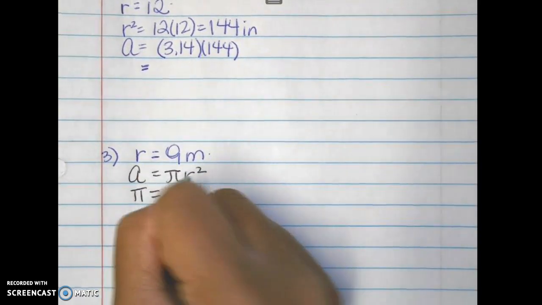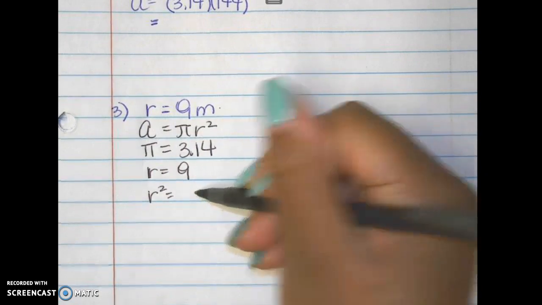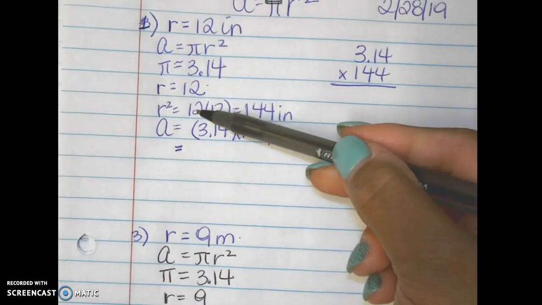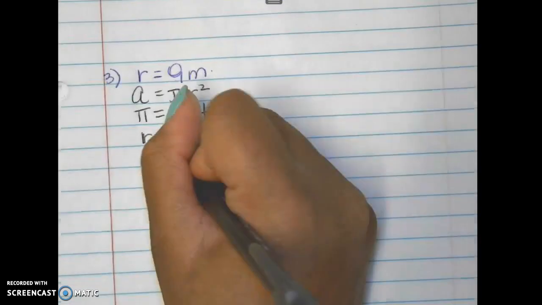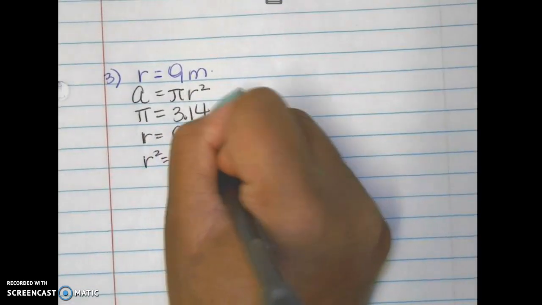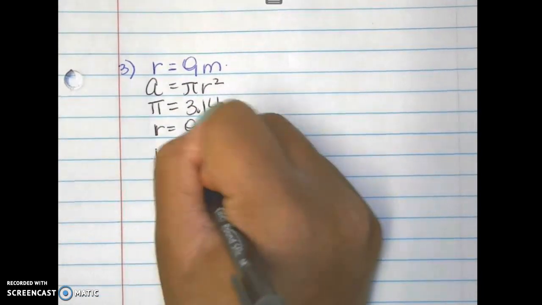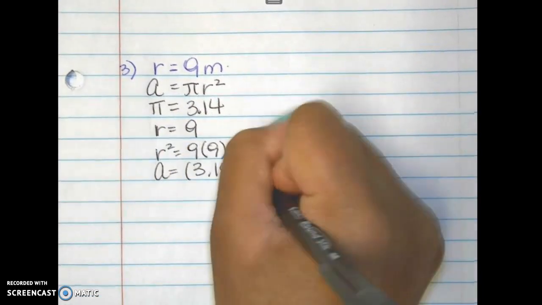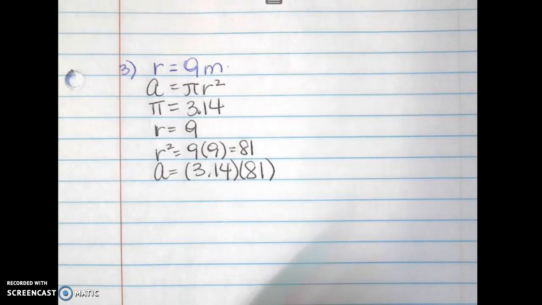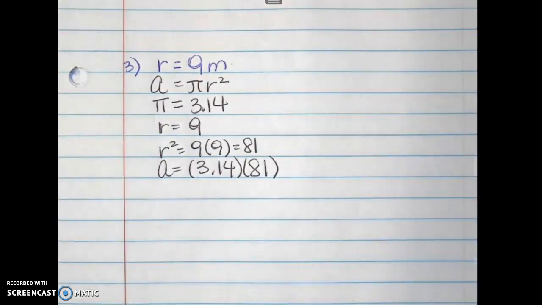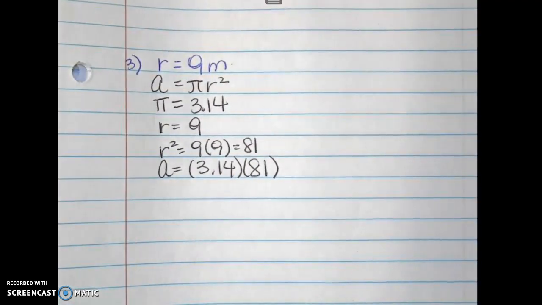And r squared is who times who? Look back up here. 9 times 9. Good. So now I have A equals 3.14 times 81. Okay? So then the same thing over and over for area.